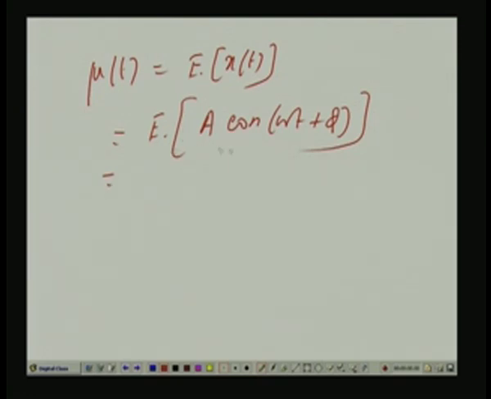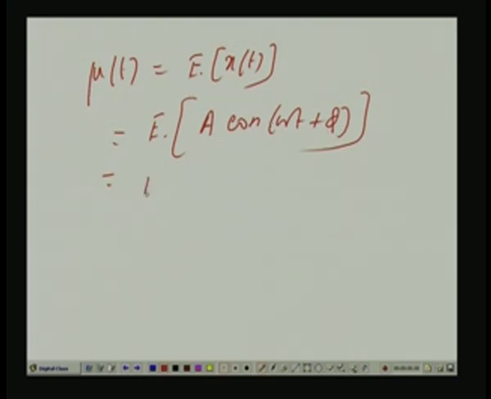So, actually you have to multiply this by the joint density of A and phi, and integrate, a double integral over the entire range of phi and entire range of A. But we are given the fact that A and phi are statistically independent. So, that joint density between A and phi is nothing but a product of the probability density of A and the probability density of phi.